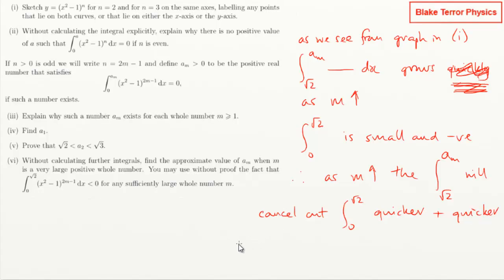So therefore, as m increases, am will tend to root 2. I mean, it will never get there, but that's where it's tending towards. So that's a reasonable approximate value.